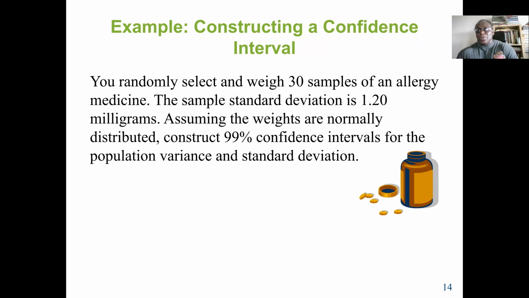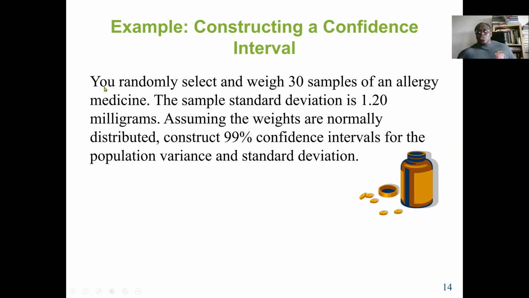Now, that's a different method because that one we find the confidence interval for the mean. So it will be the mean plus or minus the margin of error. Here now we are constructing the same confidence interval, but for variance or standard deviation. And we have to use the chi-square distribution table.